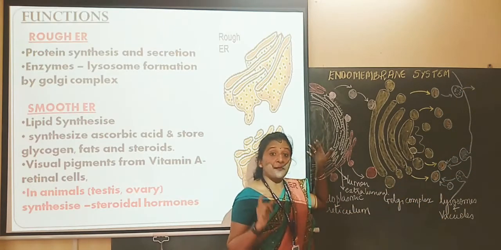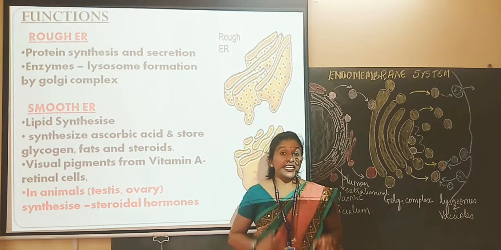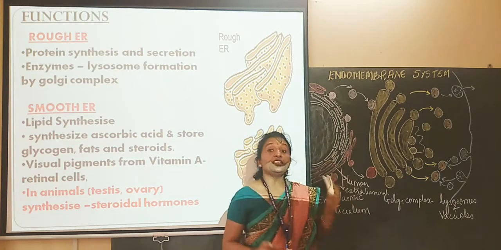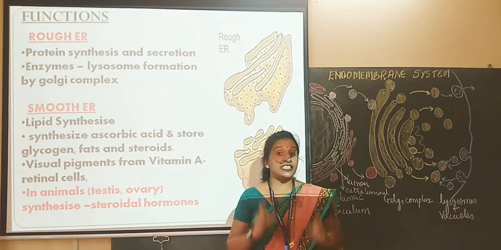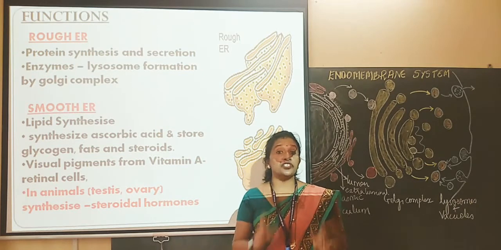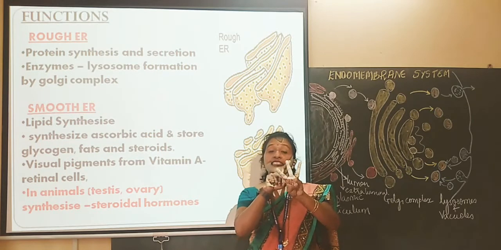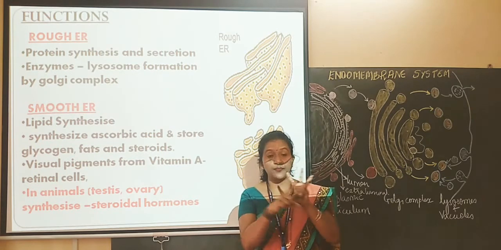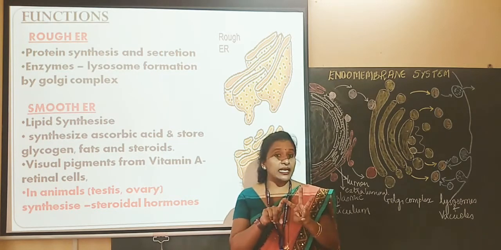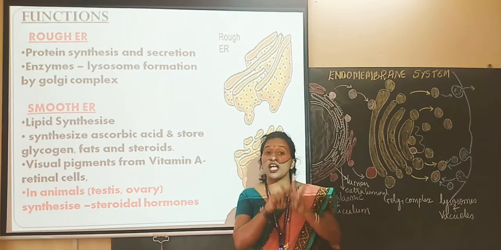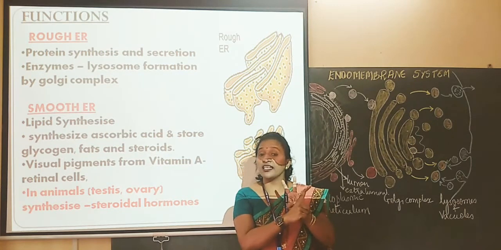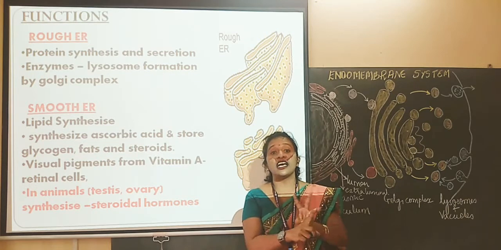Here we should remember that the DNA is present in the nucleus, and the DNA is responsible to transcribe three types of RNA: rRNA, tRNA, mRNA. rRNA is ribosomal RNA, tRNA is transfer RNA, and mRNA is the messenger RNA.